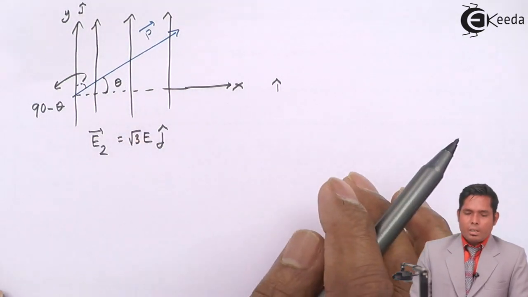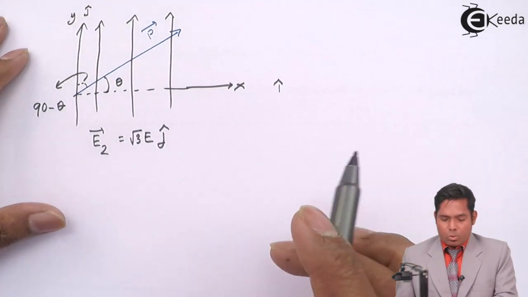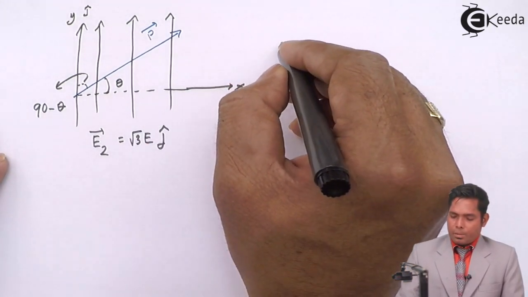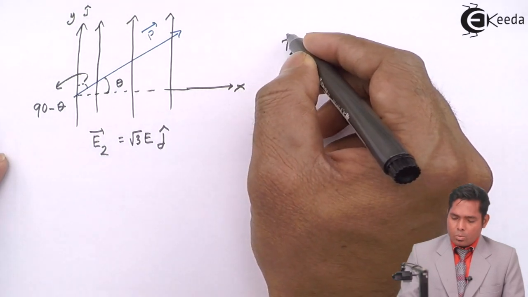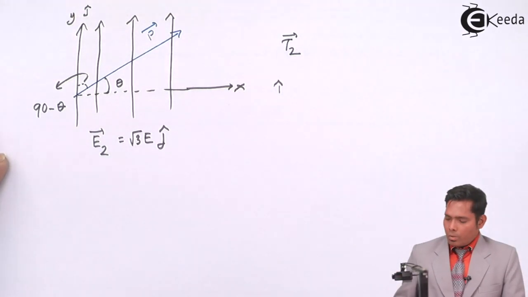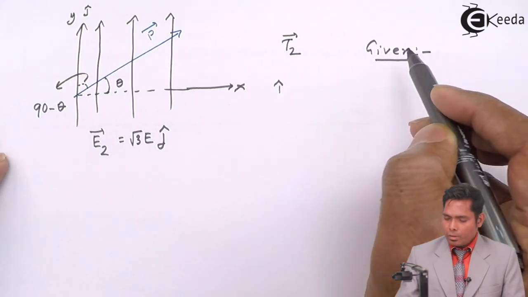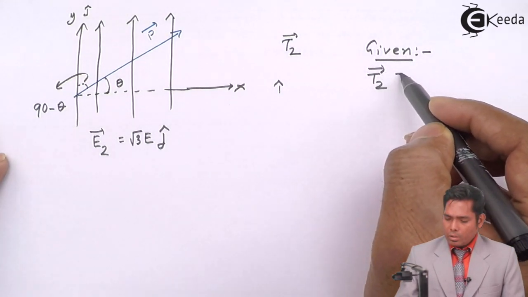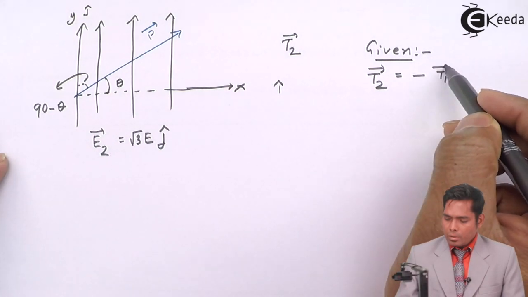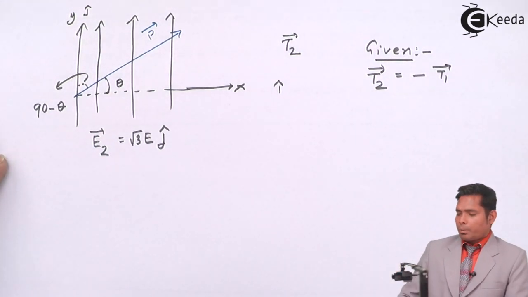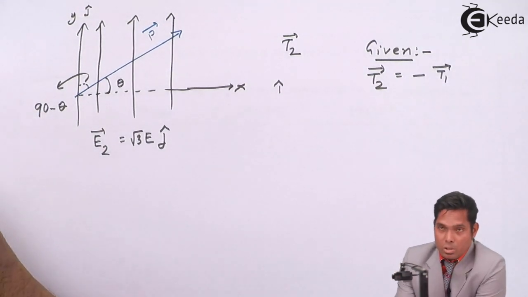If one is theta, the other will be 90 minus theta. Suppose the torque experienced in this case is T2. Given that T2 torque is minus of T1 torque, that means the torques are equal and opposite.